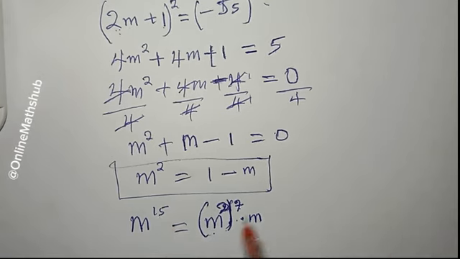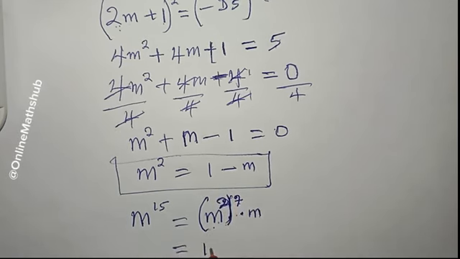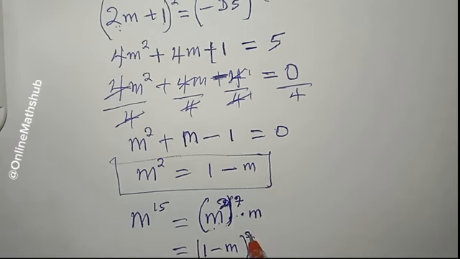But we've got m power 2 to be 1 - m, so this gives us (1 - m) raised to power 7, multiplied by this m right here.